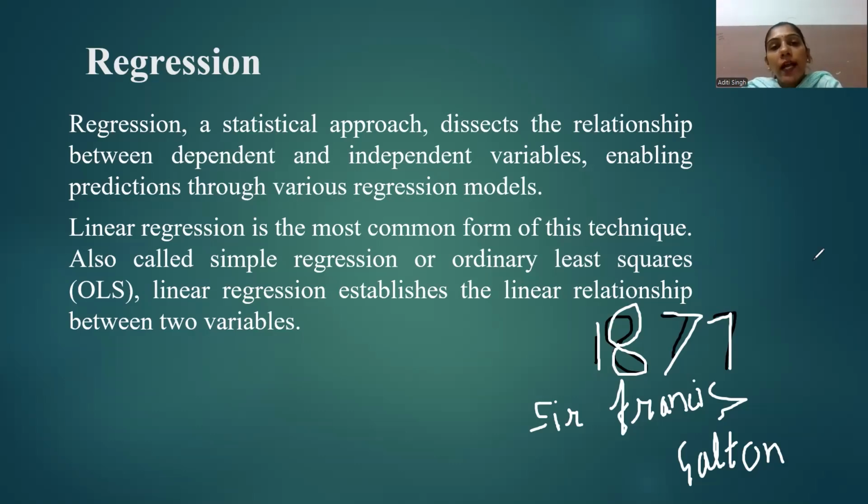And we can say that correlation is a relative measure which shows the association between the variables, whereas regression is an absolute measure of relationship.